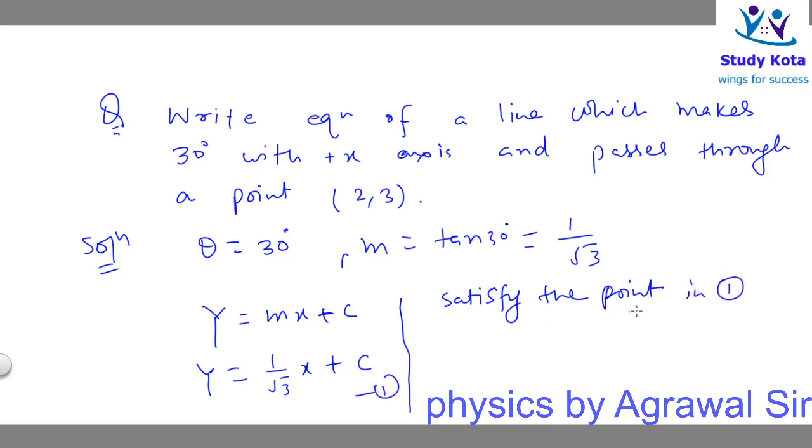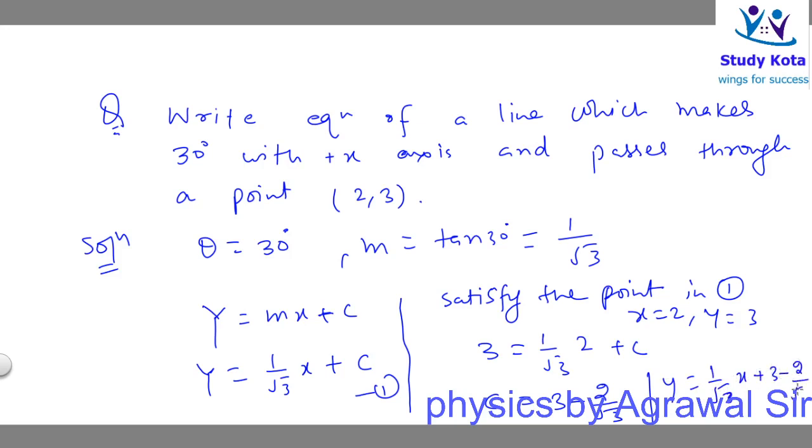When we satisfy, meaning x equal to 2 and y equal to 3, you have to put it in. So y is 3, and 1 by root 3 times x, which is 2, plus c. Here you will find c equal to 3 minus 2 by root 3. So the final equation comes as y equal to 1 by root 3 x plus 3 minus 2 by root 3. This is the equation. So this is a technique by which we can solve and also find the values of c and m.